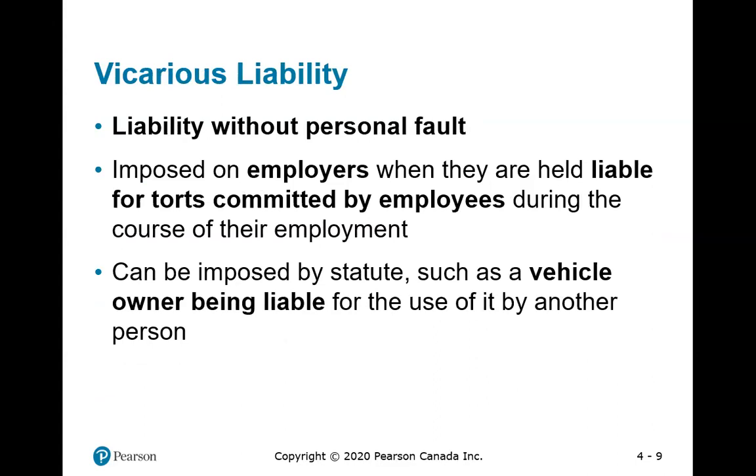So one party that is not at fault, they are liable for the wrongful conduct of another. Best example is employment relationship. When an employee acts wrongfully, their employer is vicariously liable. Vicarious liability is more protection for the victims.